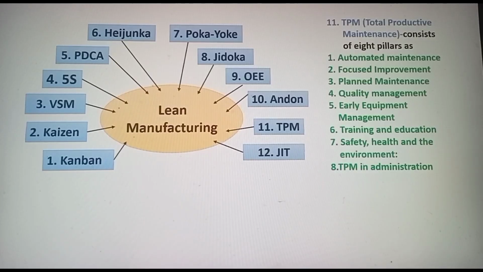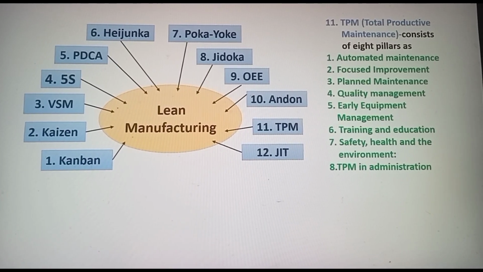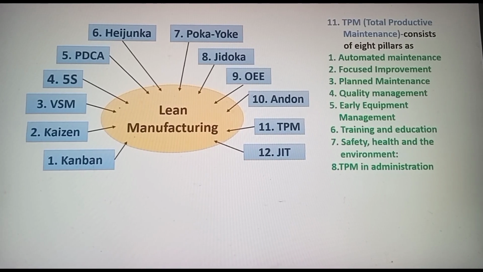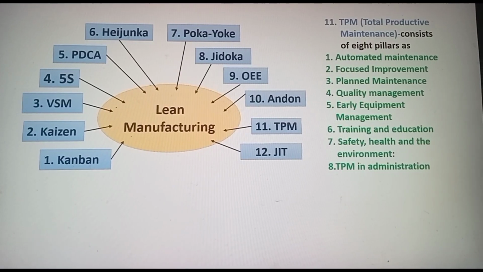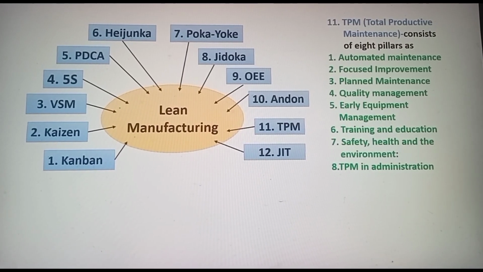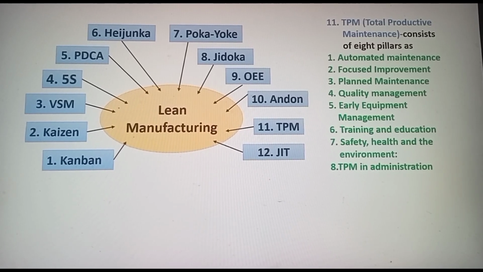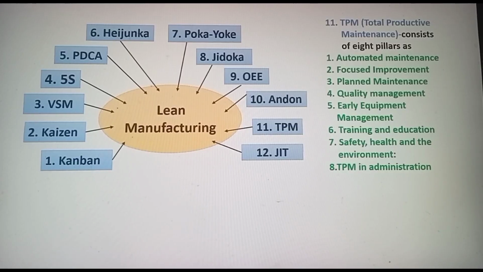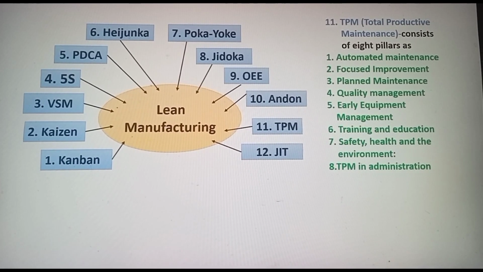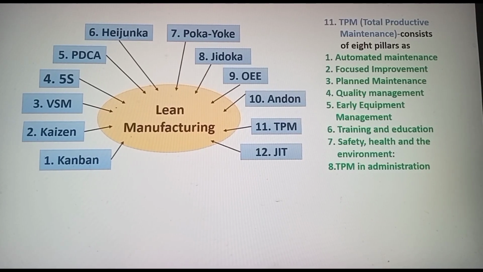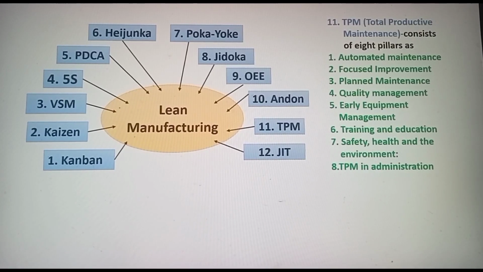Eleventh, TPM, Total Productive Maintenance. TPM consists of 8 pillars: first, automated maintenance; second, focused improvement; third, planned maintenance; fourth, quality management; fifth, early equipment management; sixth, training and education; seventh, safety, health and environment; eighth, TPM in administration.